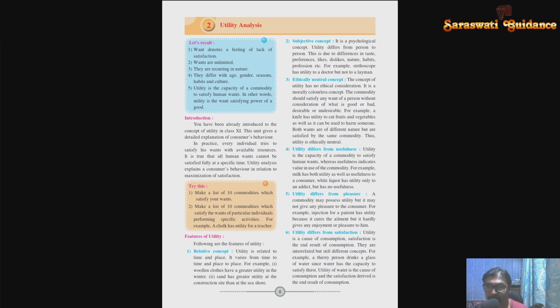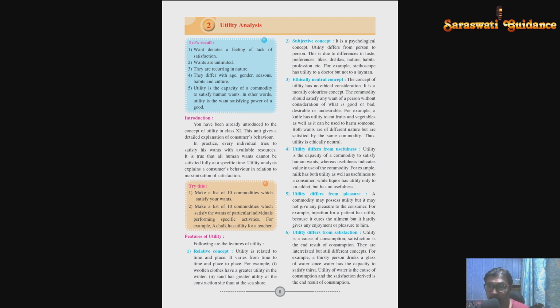First one is, let us recall, and in this section there are 5 points. These points are taken from the topic of utility analysis which you studied in Standard 11. Take a look at the 5th point: utility is the capacity of a commodity to satisfy human wants, in other words, the want satisfying power of a good.